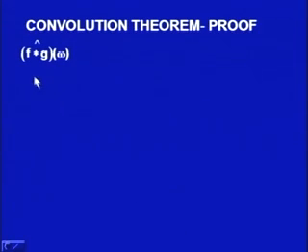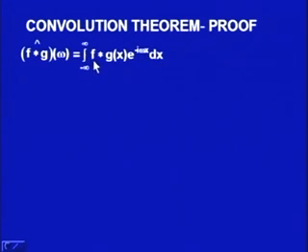Let us start with the Fourier transform of f convolution g. By definition, it is the integral from minus infinity to plus infinity of (f star g)(x) e to the power minus i omega x dx.